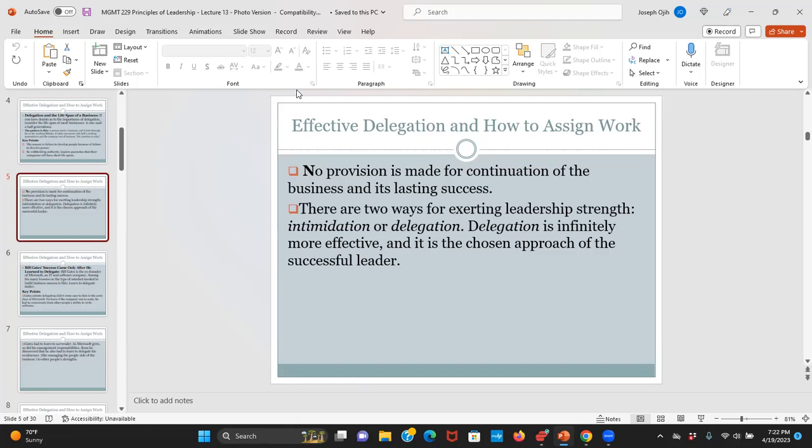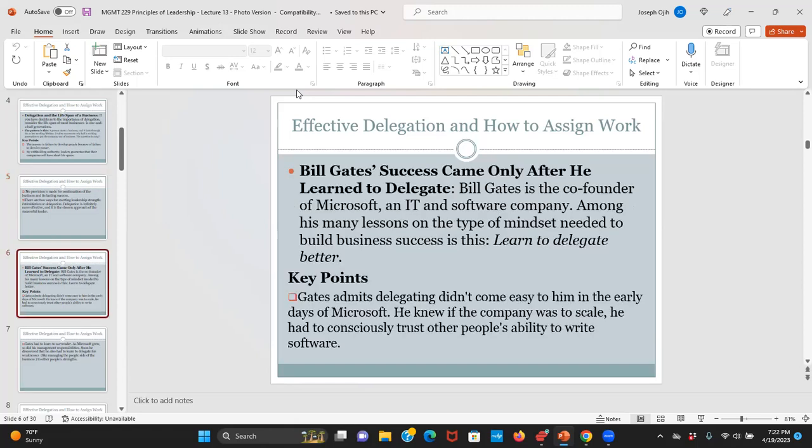The second approach is to pull up through delegation, which is a good approach. Pulling up through delegation is infinitely more effective than the other type, pushing down through intimidation.